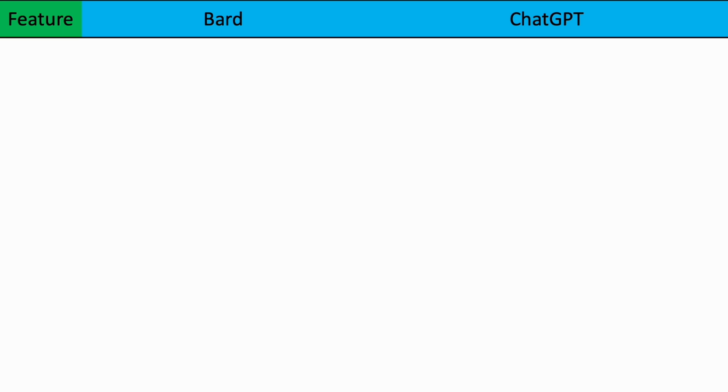So first of all, before we go comparing the features, what I put here is based on input from both. The input for ChatGPT is provided by ChatGPT, and the feature set under Bard is provided by Bard. So the wording of the description of each feature is in their own wording.